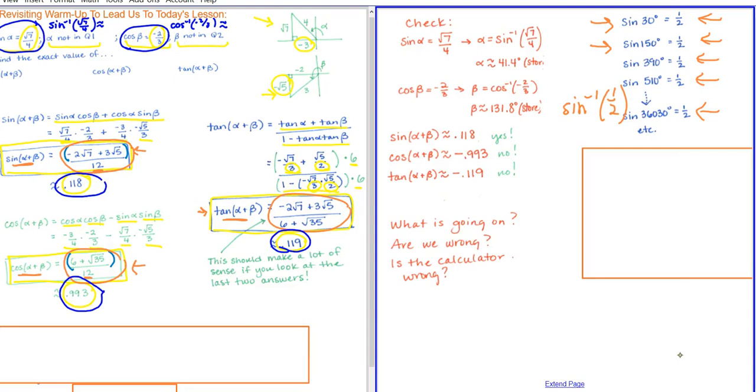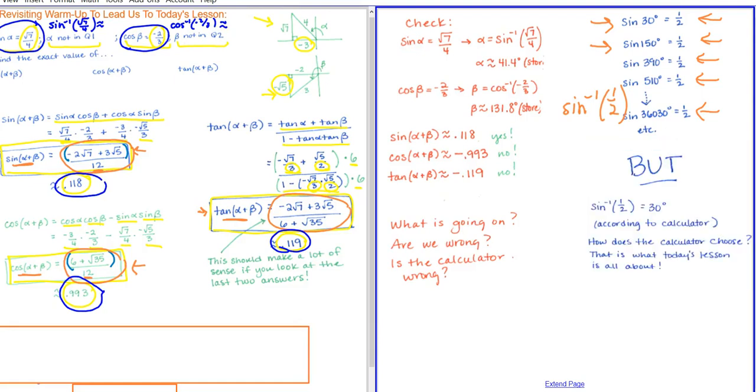So what your calculator understands is that inverse sine ought to be a function, and it should only give one output. So in this lesson we are going to see how the calculator chooses. What is the reasoning behind that one answer and not some other answer with the same exact value, different angle?